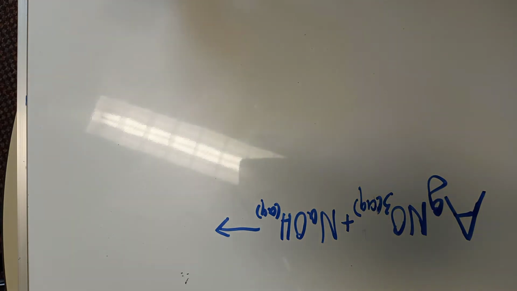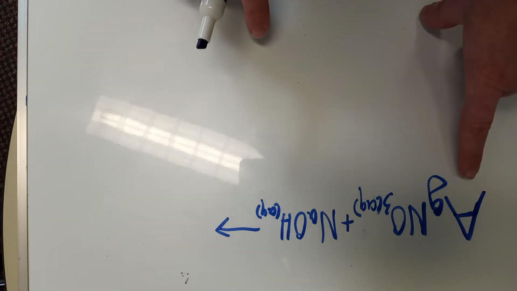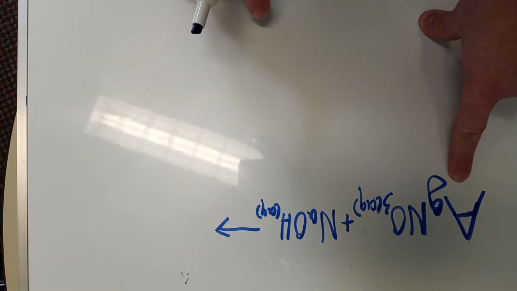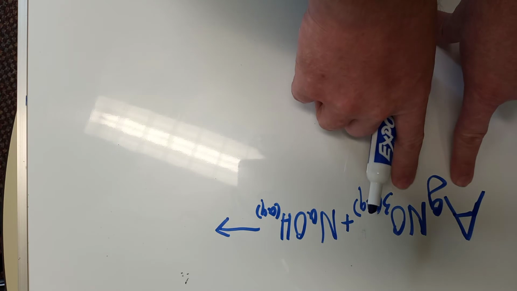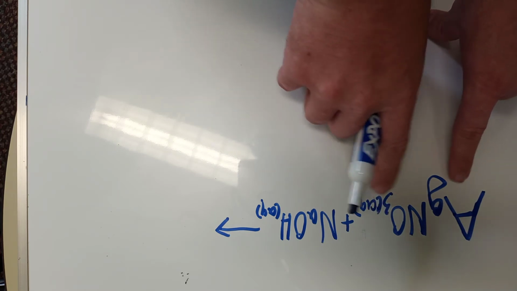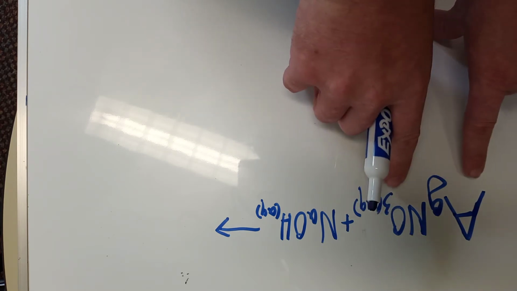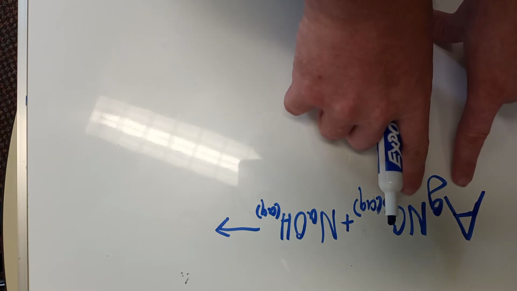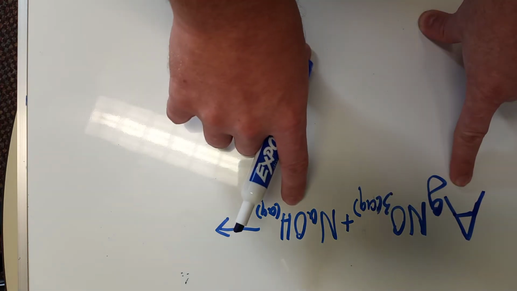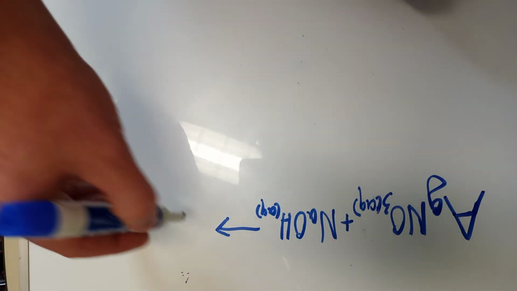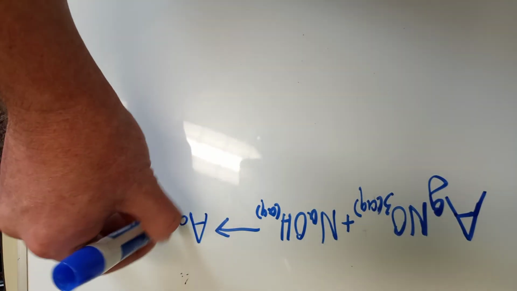What's going to happen is typically positive ions are attracted to negative ions. Opposites attract. Ag was already with NO3, but it was dissociated by water, so it split up, and it's not going to stick to NO3. The other negative it could go with is OH. So we say, okay, AgOH.